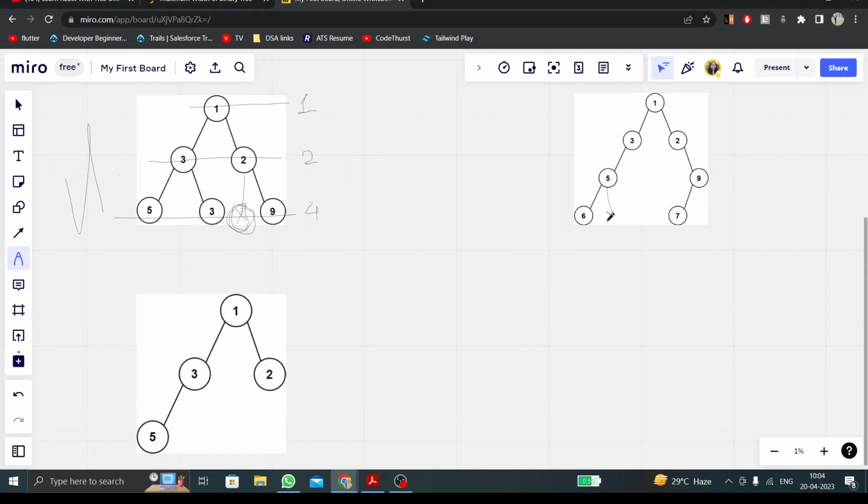For understanding purpose, I am simply making null nodes and the children of null nodes. Okay. Here also 2, and 2 will also have its children null nodes.